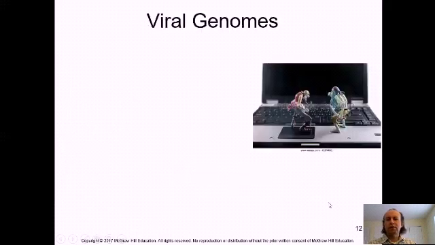Then let's go on with the set of instructions that these viruses have. It is like the hackers that are going to get into your computer. They vary greatly, and those sets of instructions are in the genome. The genome is the collection of genes that are in the nucleic acids.